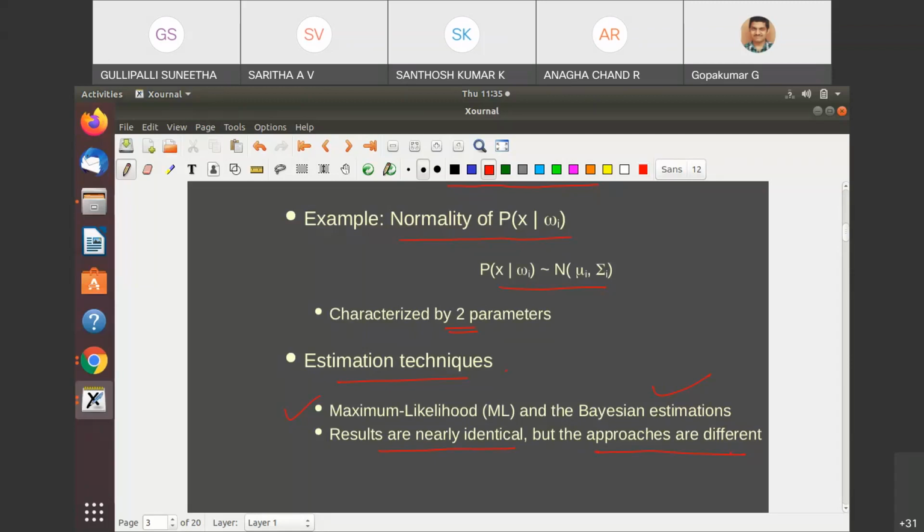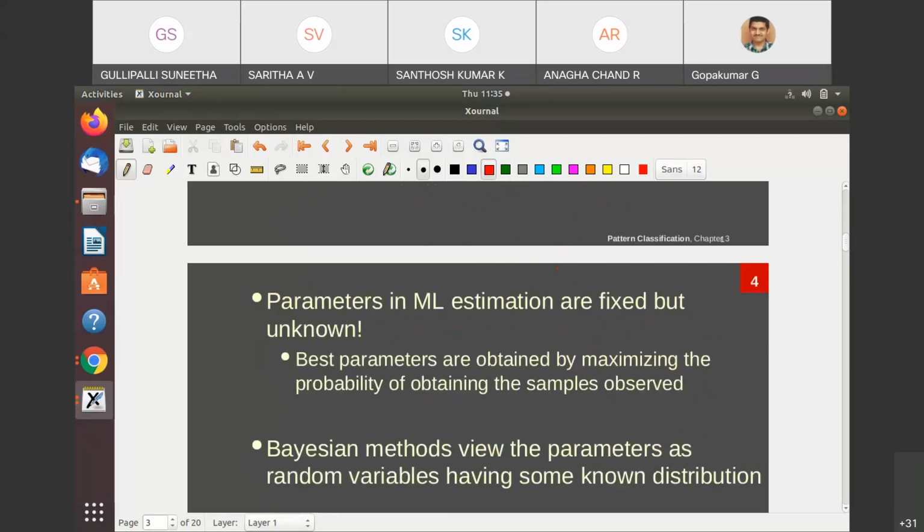The results are going to be very identical, but how they calculate the theta values, that is theta j values for a wj class, is different. We will see how they differ.